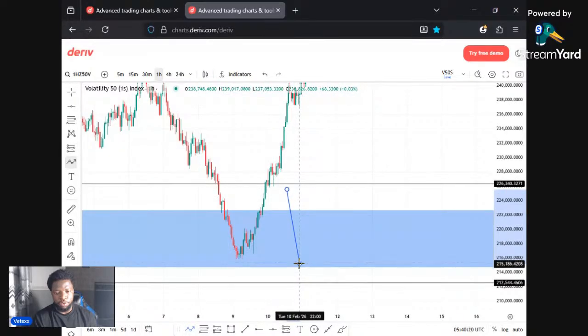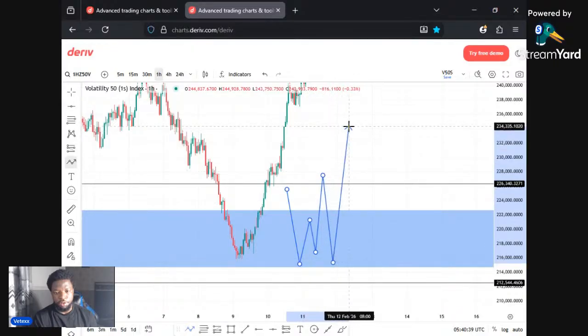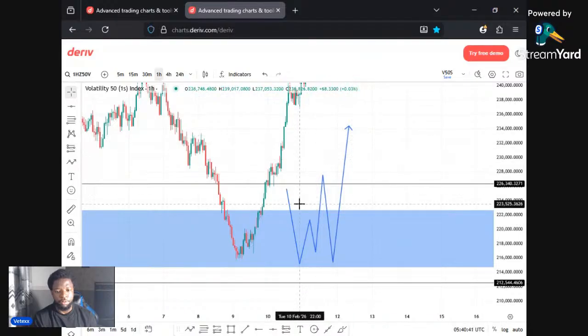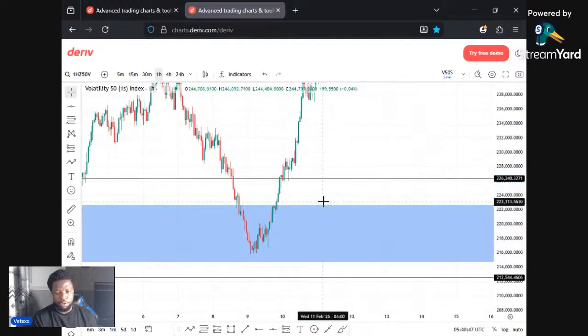It gave us this, and then it went up. So we are anticipating price to come back, tap into the zone, and then move in the opposite direction. What did it do? It did not come back. This is exactly what we had. Let me take out this box.